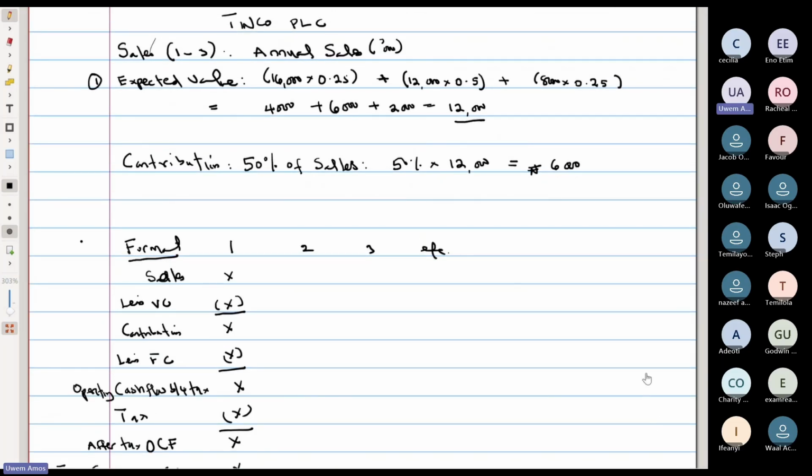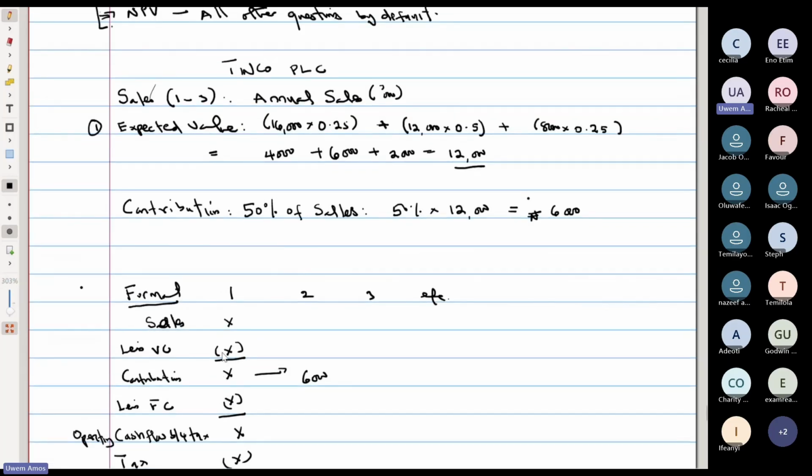We've established our expected sales will determine our contribution. So up to this very point, they've given us the value at 6,000. So that's why I need to bring that format. So we already know what the contribution line is. So back to our question. Let's see if we have a fixed cost in our question. If we don't have, we move on. If we have a fixed cost, we then bring it in.